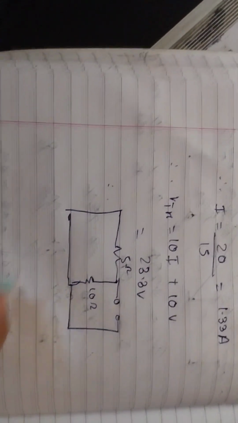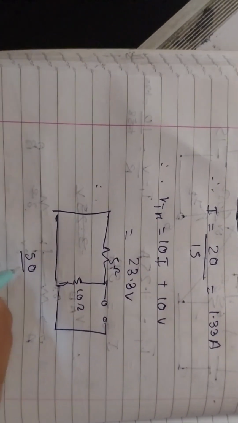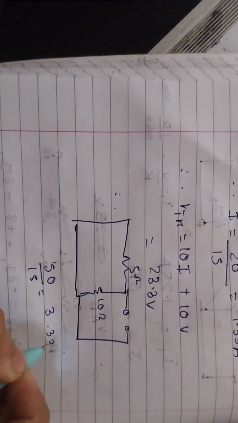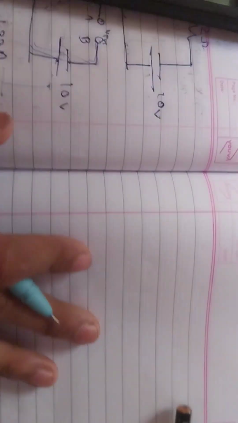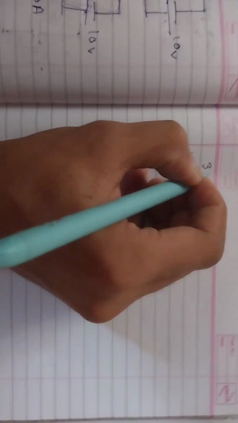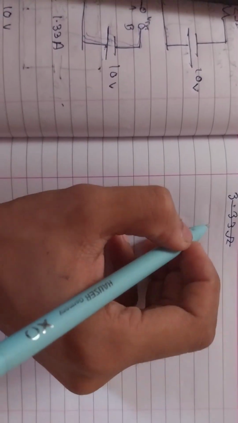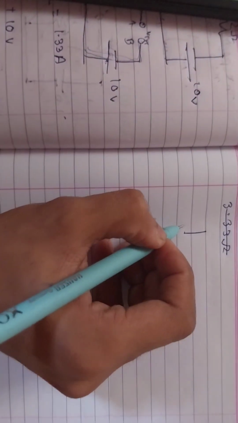These two are in parallel, so it becomes 50 upon 15, which is 50 divided by 15, 3.33 ohms. So now we have to put 3.33 ohms in series to the 23.3 volts which we got as VTH.